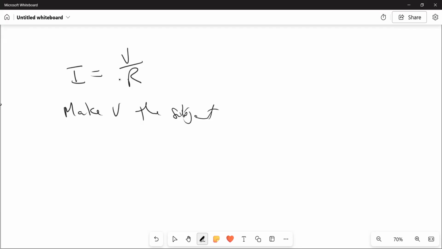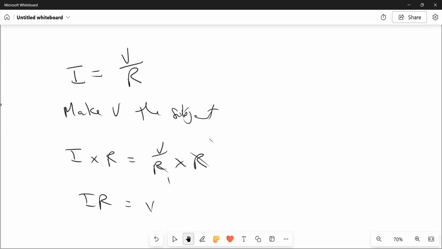So what you can do? Multiply both sides by R. I multiplied by R equal to V over R multiplied by R. Right? So this R and that R is going to cancel out. You end up with IR equal to V.